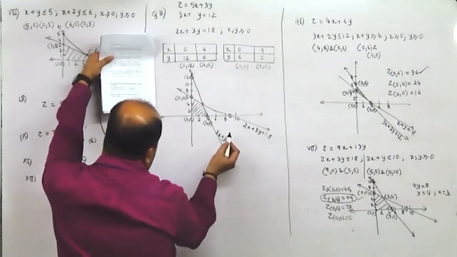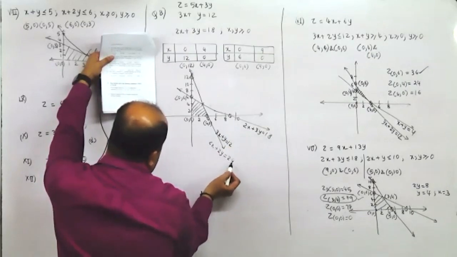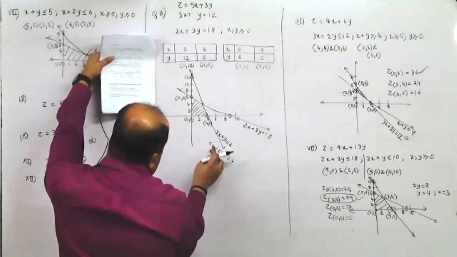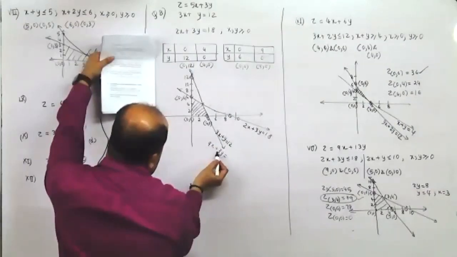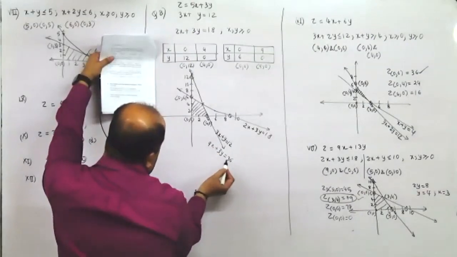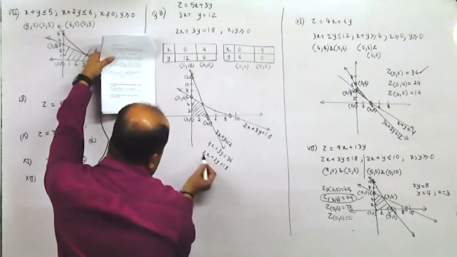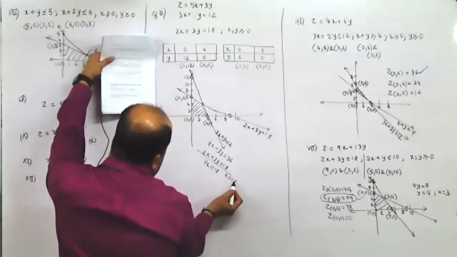And this would be 6x plus 2y equal to 24, and when I multiply that with, or I'll say 9x plus 3y equal to 36, and this is 2x plus 3y equal to 18, 7x equal to 18, x equal to 18 by 7.